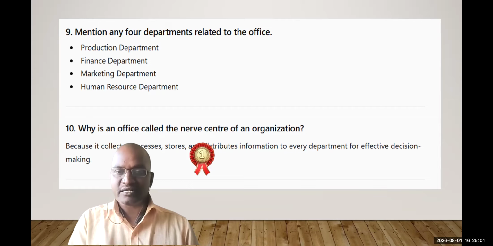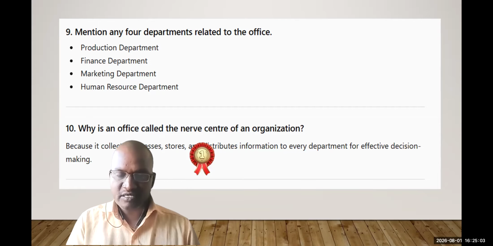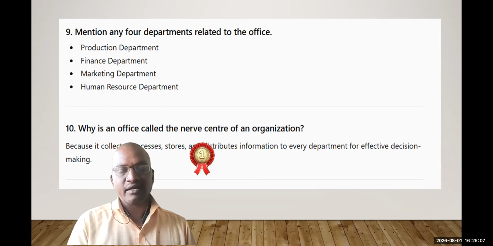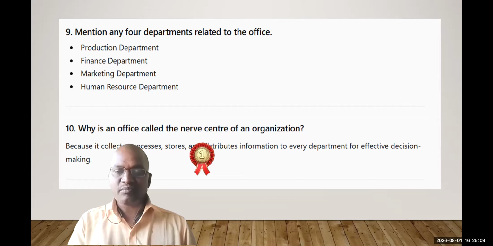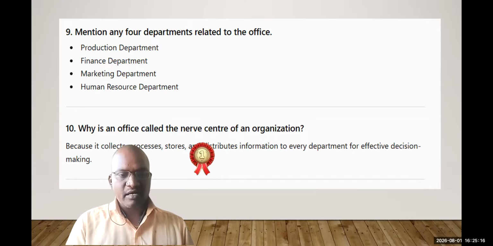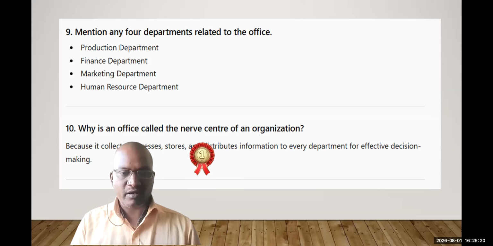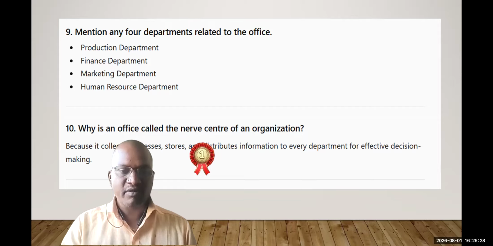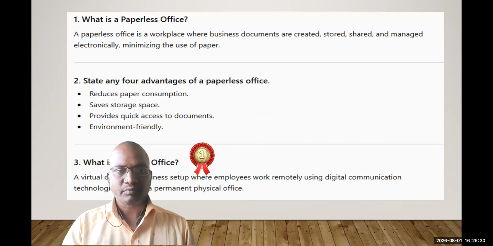All the department data are collected and stored in the office. So a department that needs data can directly contact the office, and the information is collected by each department from the office. So it is a nerve center. Here, no long content is given because it collects, processes, stores, and distributes information to every department for effective decision making. Simply, we have given it in one line.